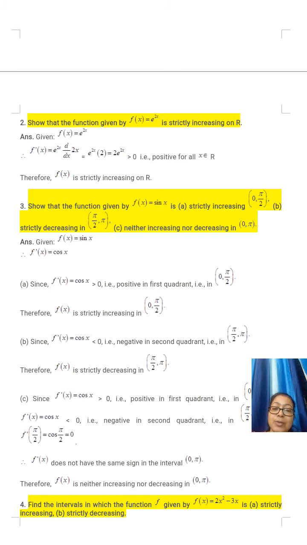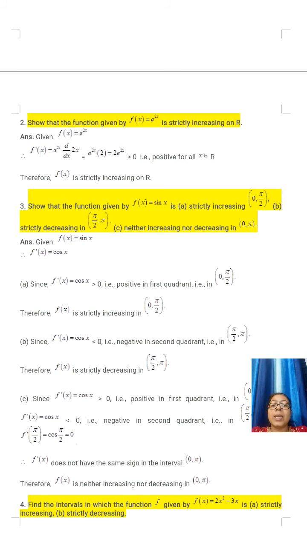Cos x, all the values are positive, so obviously f'(x) is more than 0, that means f(x) is strictly increasing in the open interval 0 to pi/2. Next, f'(x) = cos x, if it is less than 0, that means second quadrant, pi/2 to pi. Only sine and cosec are positive, cos is negative, that means in pi/2 to pi this will be negative, so f(x) is strictly decreasing in this second interval, pi/2 to pi.